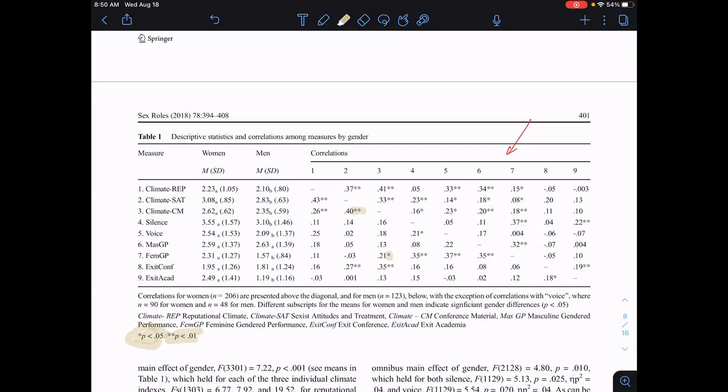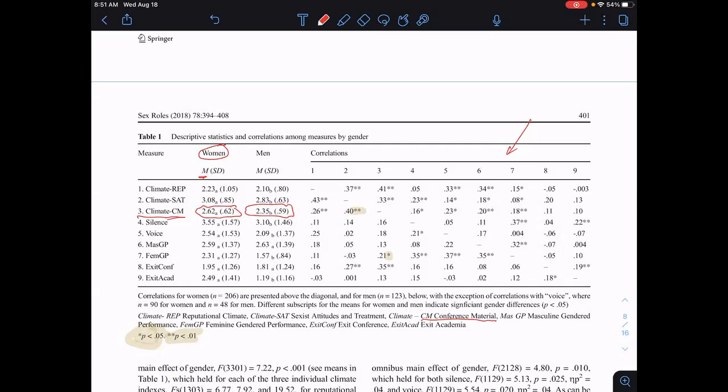And that's just a correlation coefficient. And the way you read this is climate, and I'm just going to go with that 0.4, climate CM, which is conference material, climate around conference material, is what is it for women, what is it for men, and you've got the mean. On average, women report 2.62 climate about conference material, whereas men report 2.35.